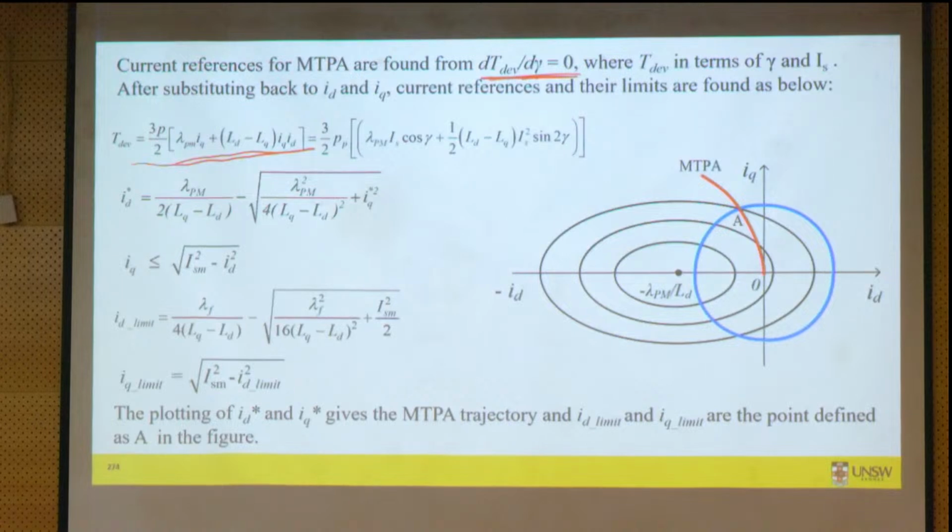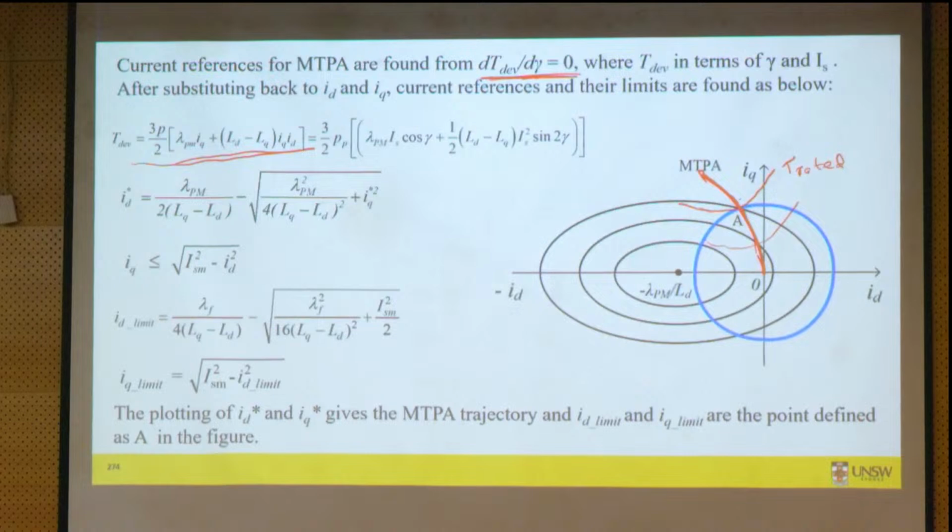Okay, and if we plot various ID and IQ values under the MTPA condition, we get a trajectory like this. Okay, and if I plot the torque, we get actually some hyperbolas here. The torque is a hyperbola if we plot them in the ID-IQ plane. So this is your rated torque hyperbola.